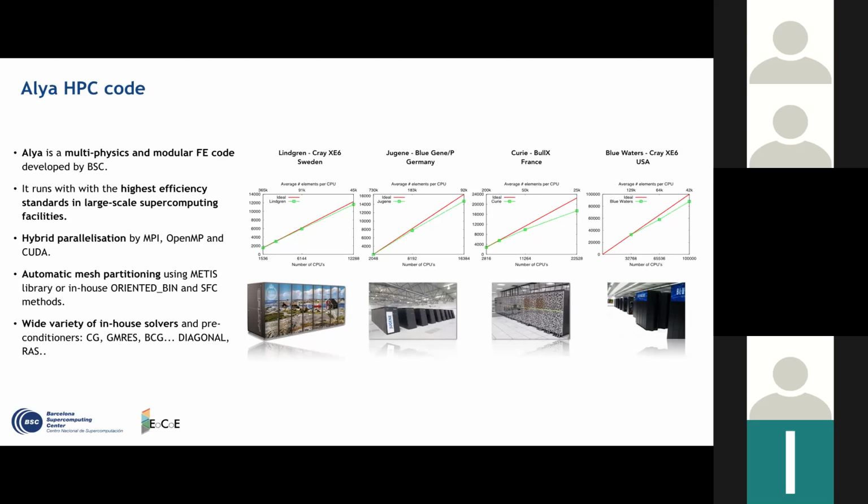It has hybrid parallelization by MPI, OpenMP, and CUDA, and also other features such as different kinds of mesh partitioning methods and a variety of in-house solvers that are fully developed in parallel.